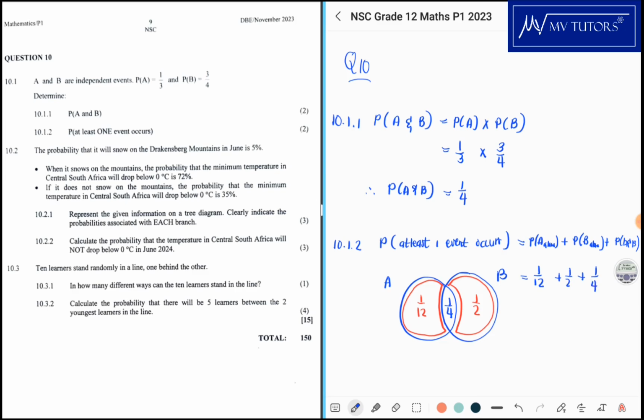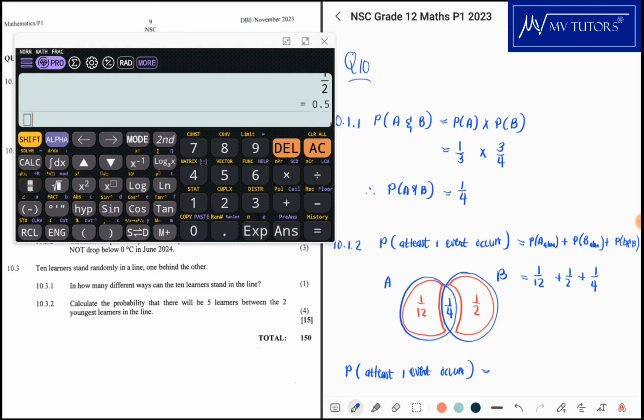So basically the probability of at least one event occurring is 1 over 12 plus a half plus a quarter, and that is 5 over 6.